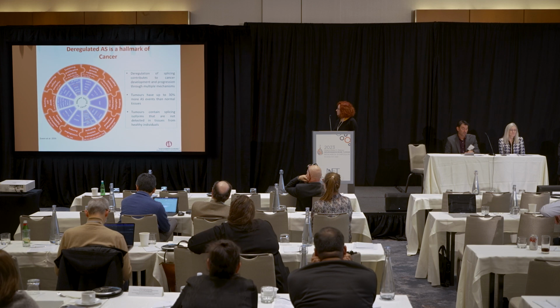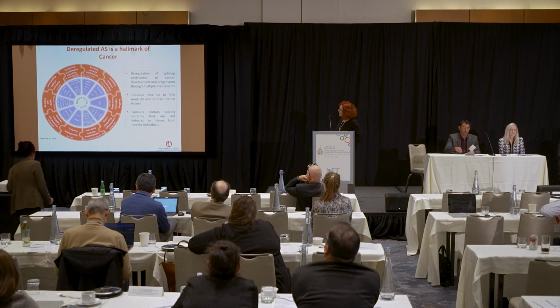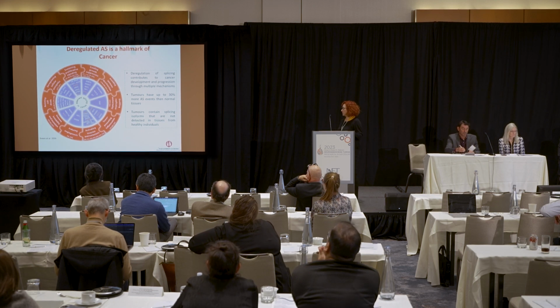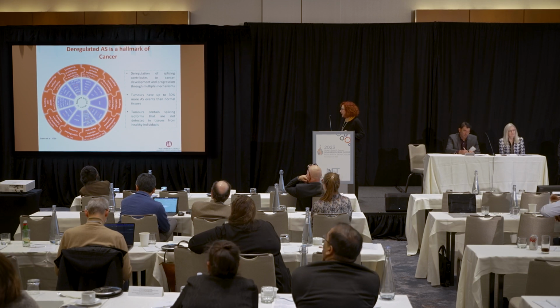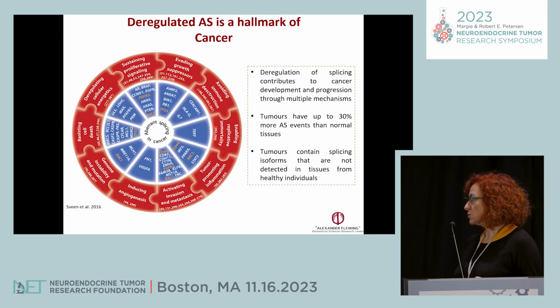So it's now known that alternative splicing is deregulated in cancer. That's a characteristic of cancer. And in tumors, we have more than 30% more alternative splicing events taking place compared to normal tissues. And it's also known that tumors contain many splicing isoforms that are not detected in tissues from healthy individuals.